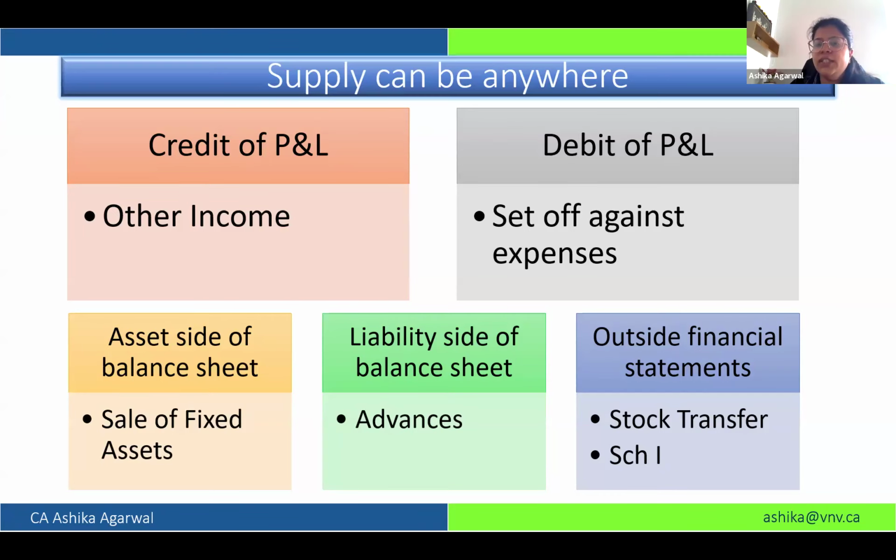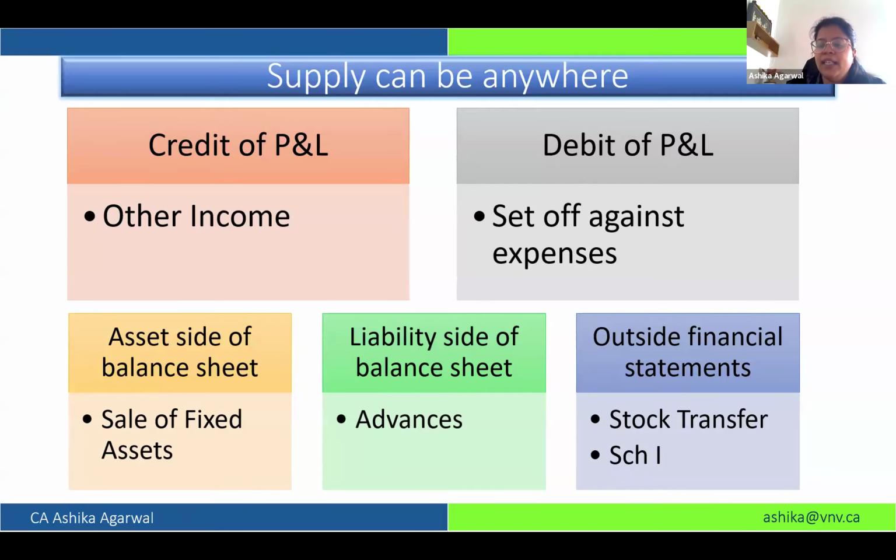If deletion is written, there can be a case that this deletion has happened on account of sale of fixed asset. Even though it's not a PL item, because in PL only profit will be recorded, for GST purpose you are liable to pay on the sale value. As I said, only for motor vehicle it is margin. Apart from motor vehicle, on assets you have to pay on sale value.